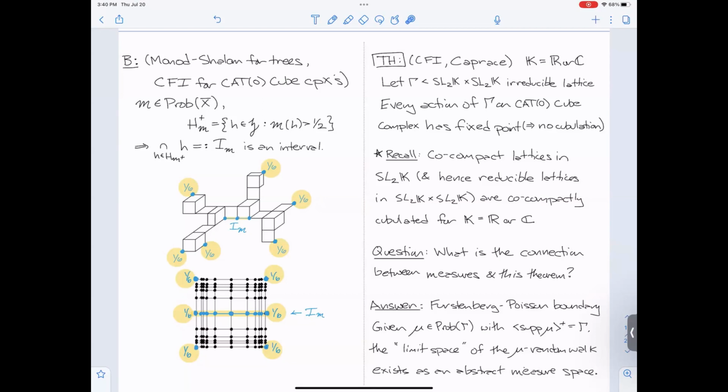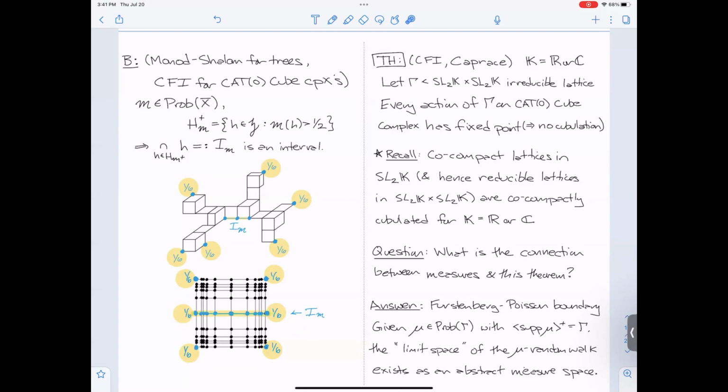And it is less easy to see, but not difficult, that the intersection of all of these half spaces will actually be an interval. So here are two examples. The associated interval to this average of Dirac masses is this little interval here. And then the one associated here in this plane is an infinite interval.